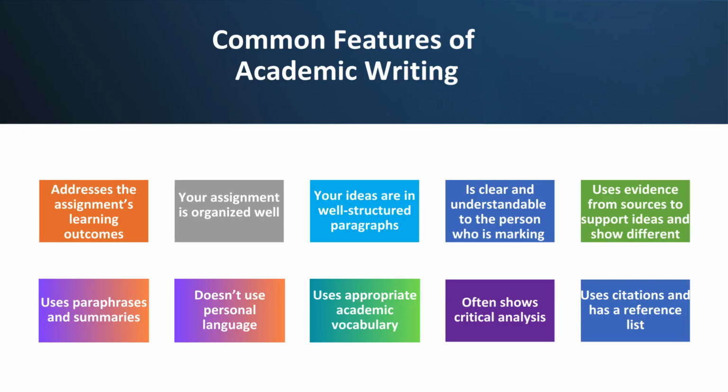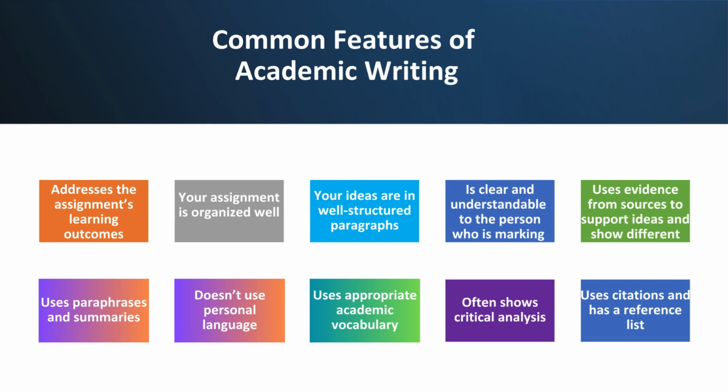Now, here are some of the common features of academic writing. Notice it doesn't say all features, it just says common features. Going from left to right at the top, we've got learning outcomes, organisation and structure, clear and understandable, sources, references, going down, critical analysis, vocabulary, language, and paraphrasing and summarising.